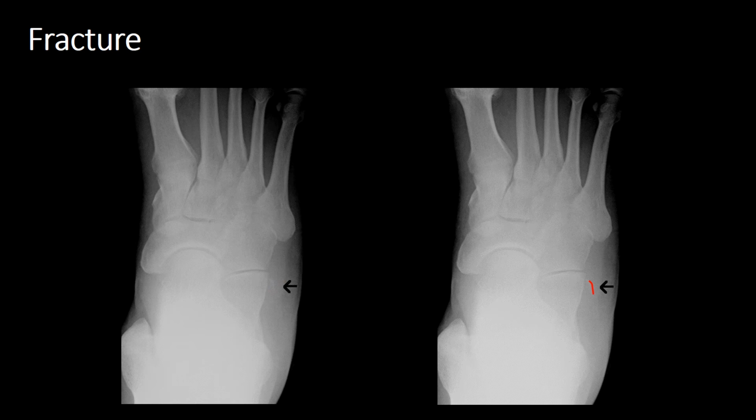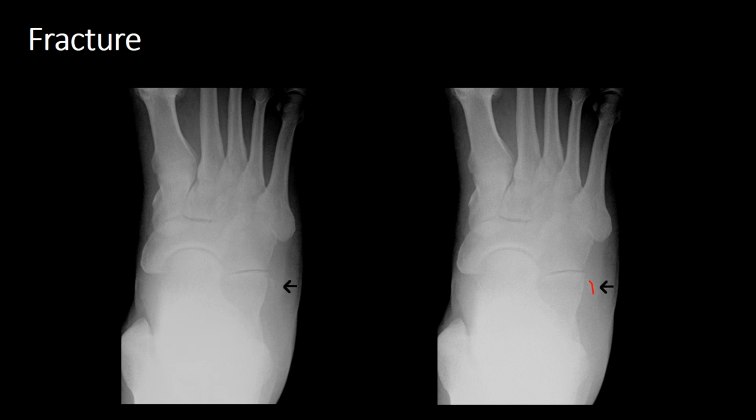So as I've described earlier, an accessory ossicle, which you looked at on the first couple of slides in part 1 of the foot presentation under normal anatomy. So os peroneum is smooth, rounded, and well corticated.